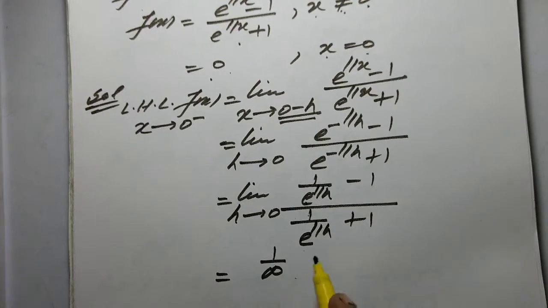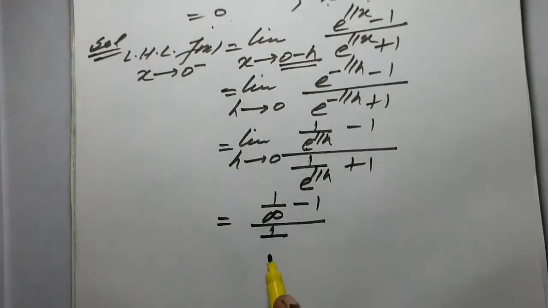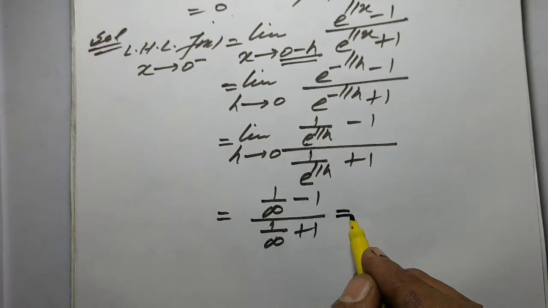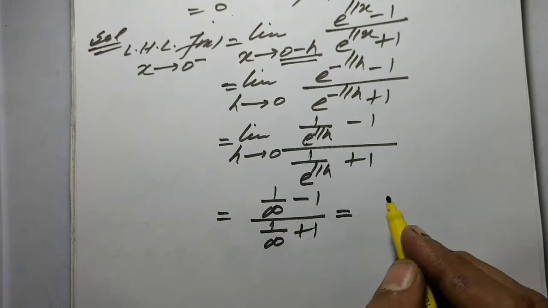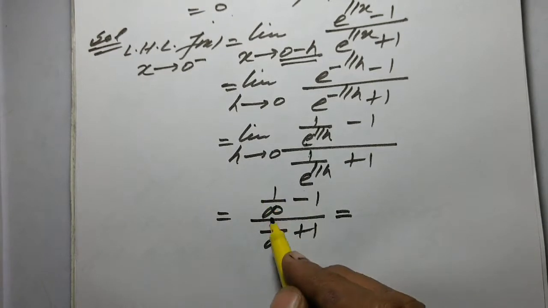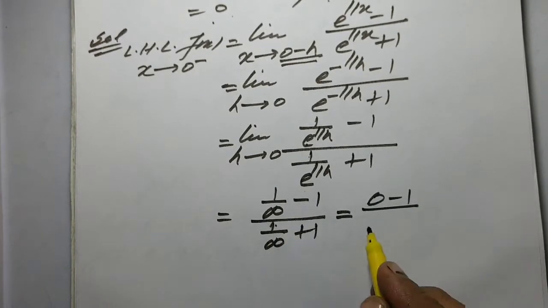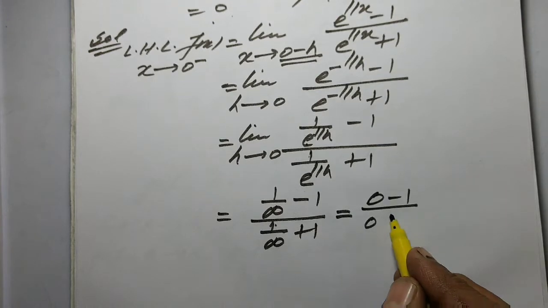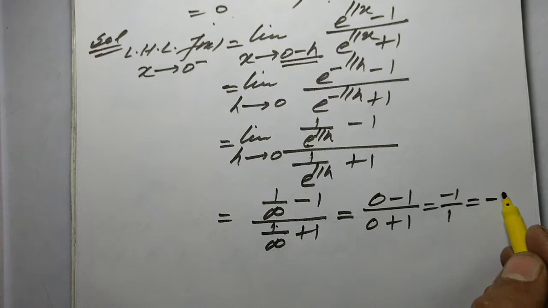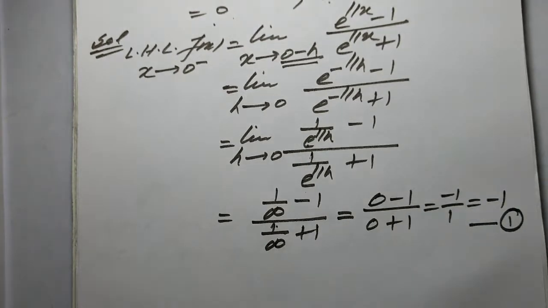So we write 1 upon infinity minus 1 upon infinity plus 1. When something is divided by infinity, we get 0. This is a well known rule. So 1 divided by infinity gives 0, minus 1, upon 0 in the denominator again, plus 1. So we have minus 1 upon plus 1, that is minus 1. Let it be equation number 1.